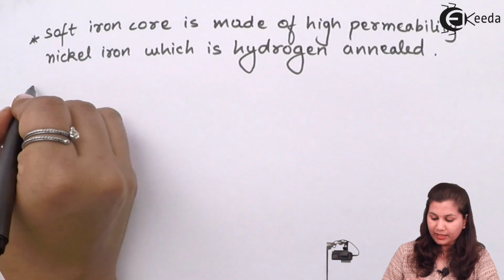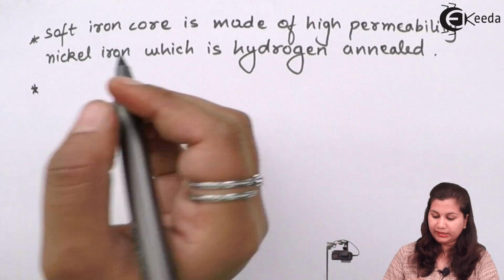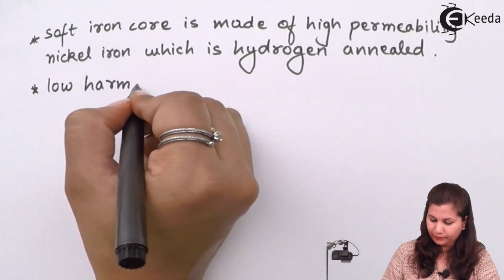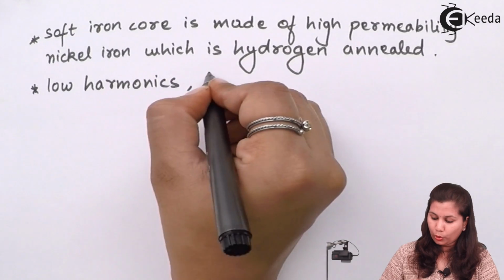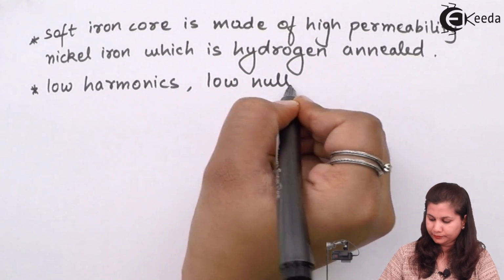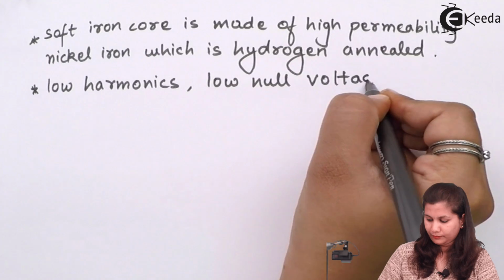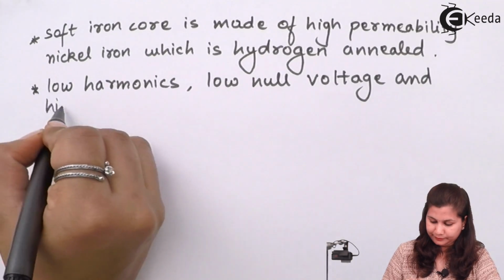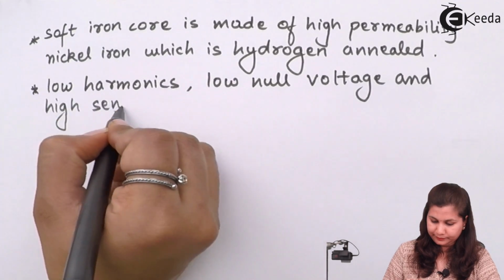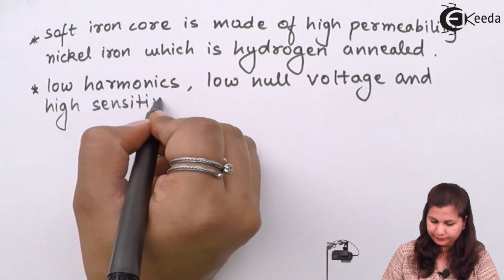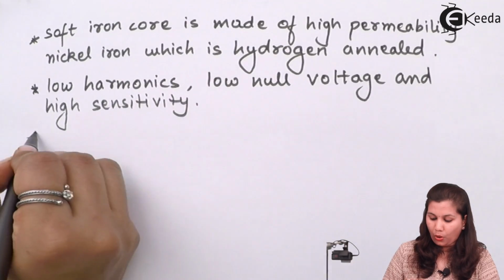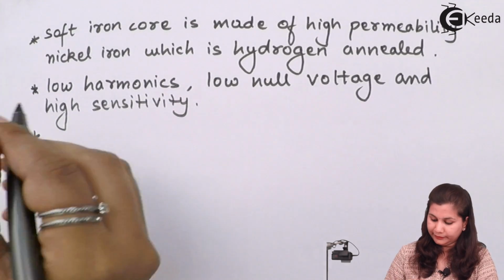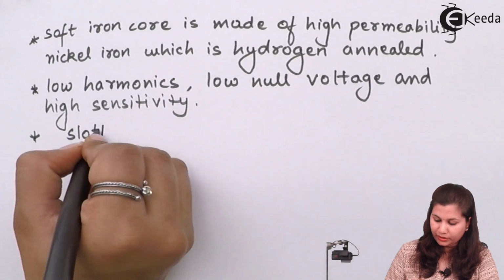Now why is this being done? Because when it is hydrogen annealed, this gives low harmonics, low null voltage, and high sensitivity to the LVDT. Also, this soft iron core is slotted longitudinally so as to reduce the eddy current.